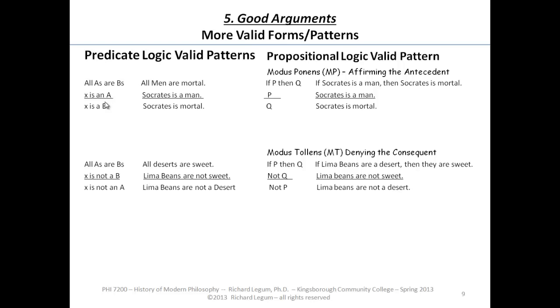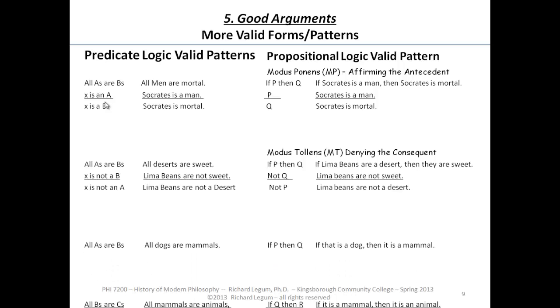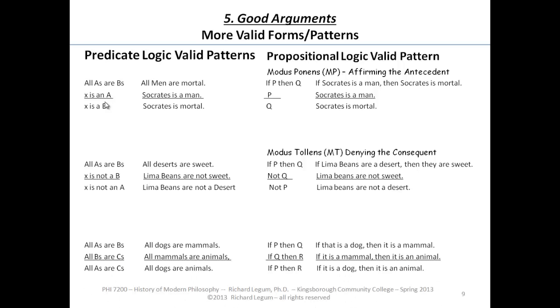But okay, we see the analogy between the propositional inferences and the predicate inferences. Let's look at the final one we wanted to take a look at with regard to if-thens, hypothetical syllogism. If P then Q, if Q then R, therefore if P then R. If that is a dog, then it is a mammal. If it's a mammal, then it's an animal.